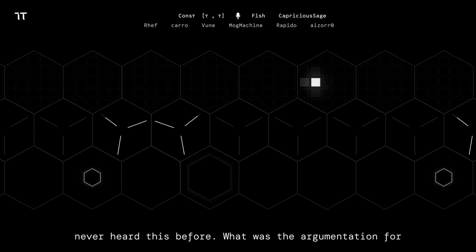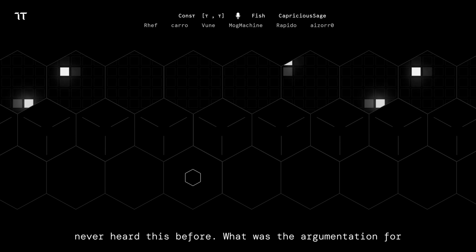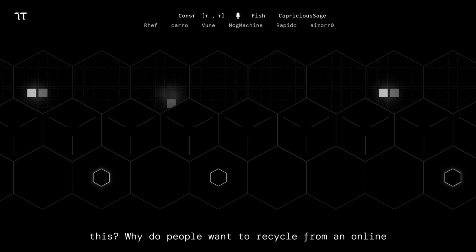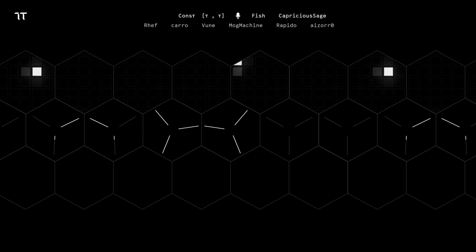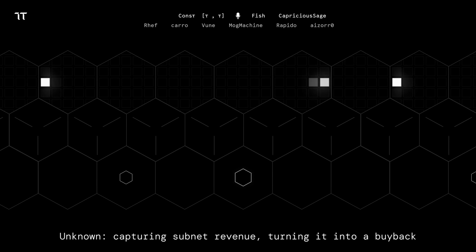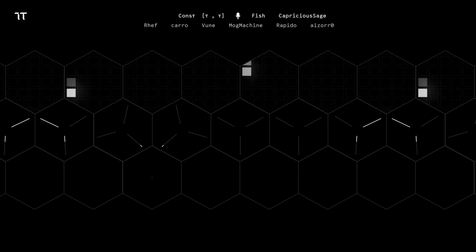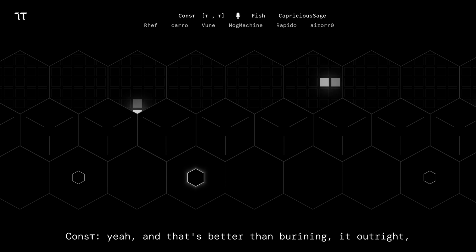I've actually never heard this before. What was the argumentation for this? Why do people want to recycle? Coming online, baby. Capturing subnet revenue, turning it into a buyback, and recycle. And that's better than burning it outright?